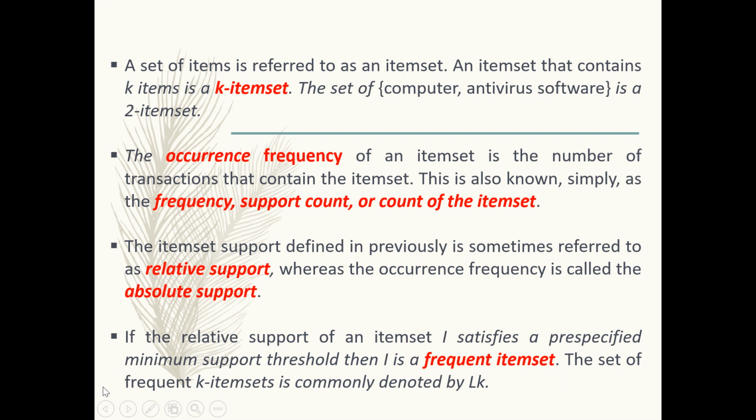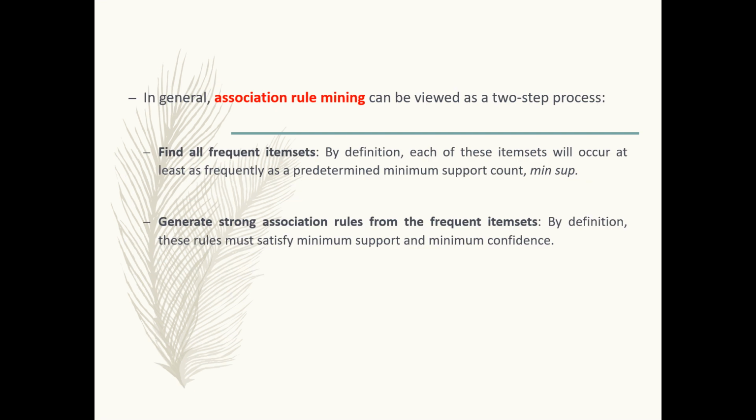The set of frequent k item sets is commonly denoted by L_k, which means frequently occurring k item sets. Some item sets are frequent and some are not. Frequent ones are those in which the support is higher than the minimum support. So these are important terms.